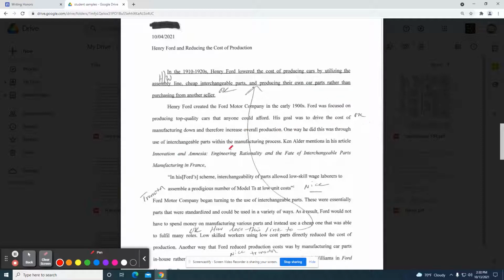His goal was to drive the costs of manufacturing. One way he did this was through the use of interchangeable parts within the manufacturing process. So this area right here, I know is historically accurate. There should be evidence on that. Ken Adler mentions in his article, Invasion and Amnesia and Engineering Rationale. So they're giving me the author's name as well as the source. Notice how they used italics.